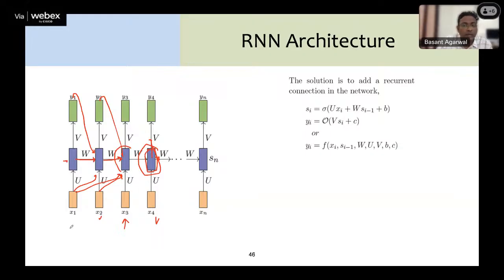When you are giving x2, this representation will encode the information from the current input and the previous inputs, and that will be given to the output and the next node.